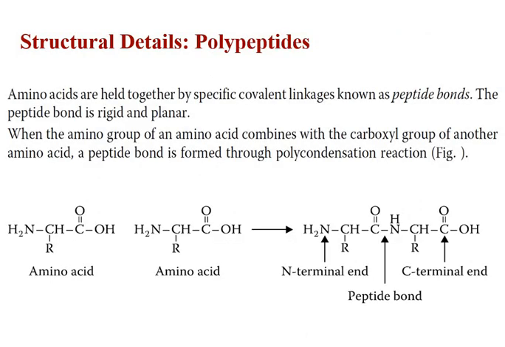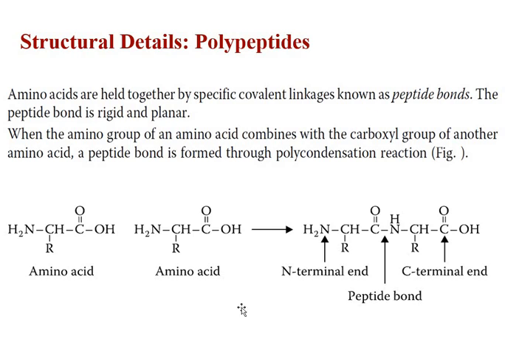Amino acids are held together one by one, binding like a long chain. That is what is called a polypeptide, which is a very initial form of a protein. The bond that holds them together is called a peptide bond.